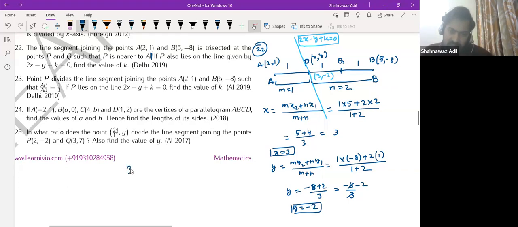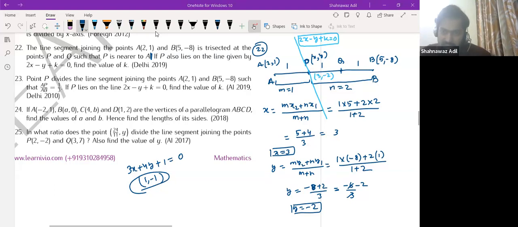If you have a line x plus 2y plus 1 equal to 0, so let's say if I say that 1 comma minus 1 lies on this line, right?